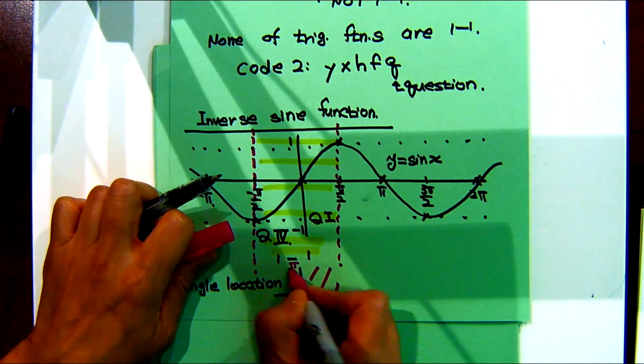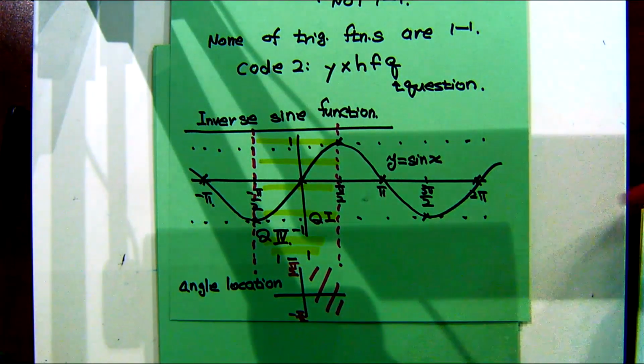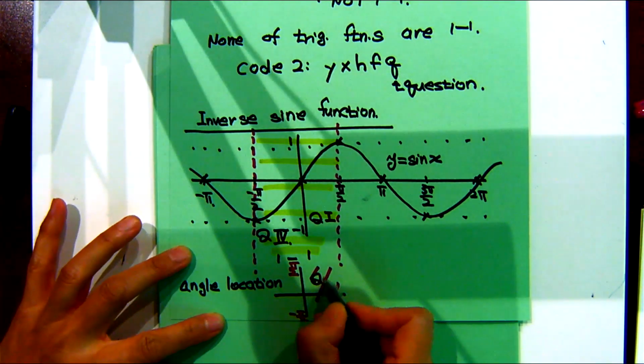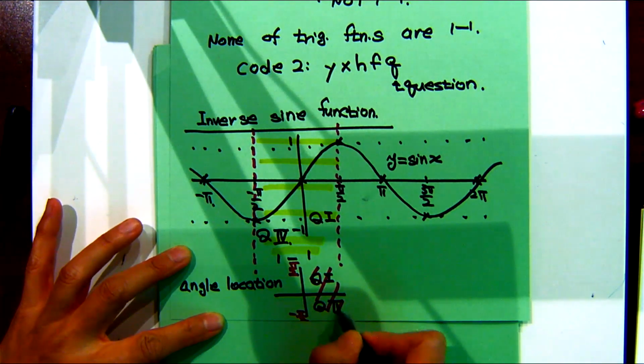This is pi over 2. This is quadrant 1, and this is quadrant 4.